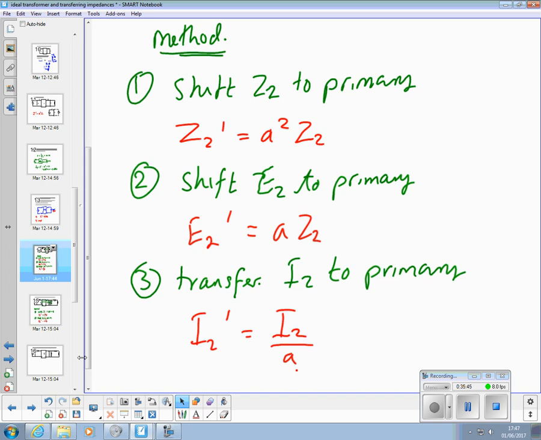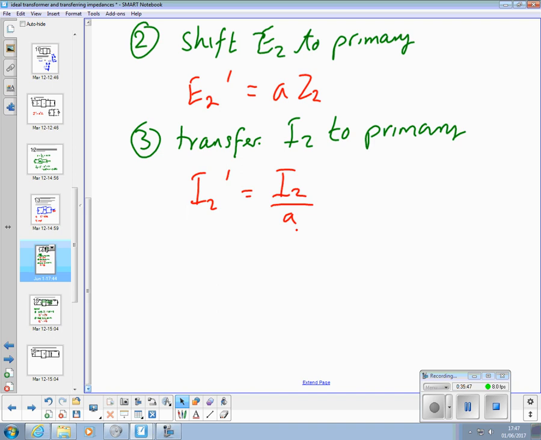When we've done that, this is the circuit we've now got that we can analyse.